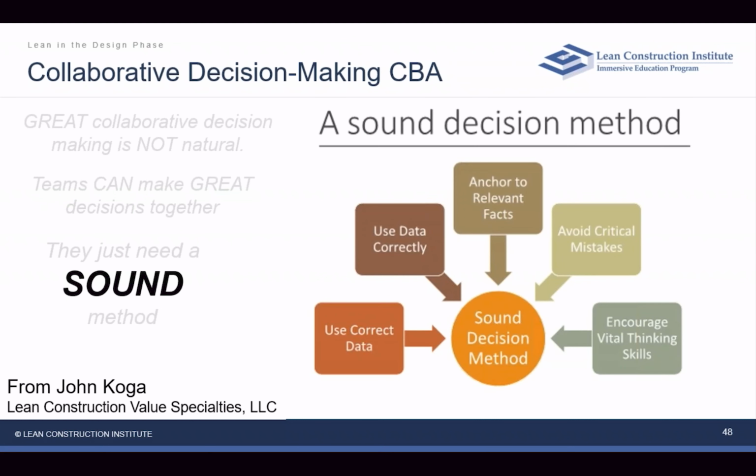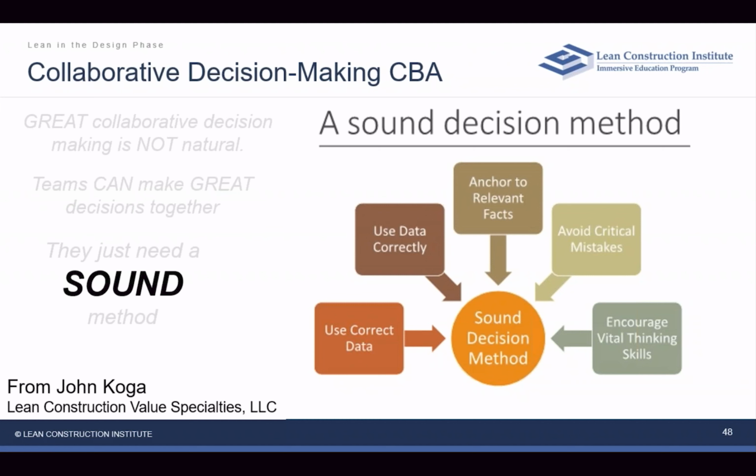A sound decision-making method is going to involve things like using correct data, and using the data correctly, anchoring our decision-making to relevant facts. Often folks are using facts that don't even apply, avoiding critical mistakes, or encouraging vital thinking skills.